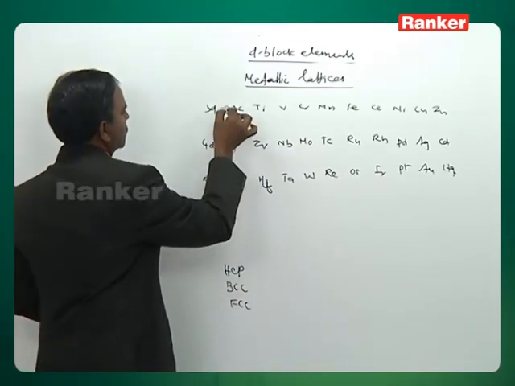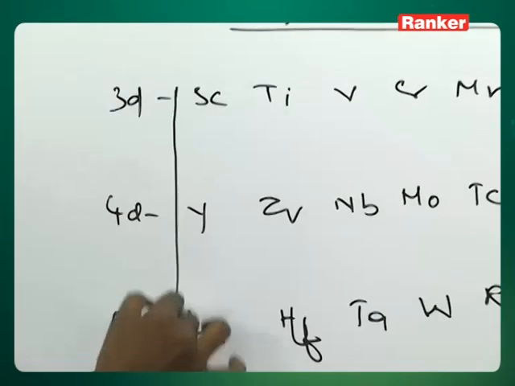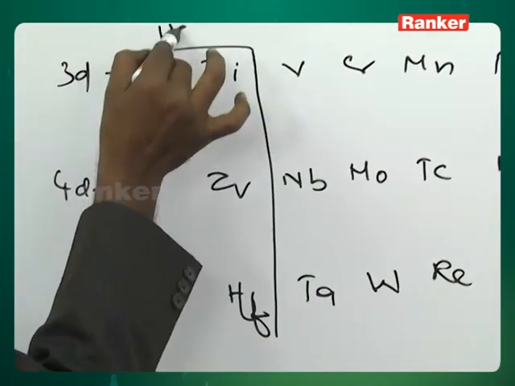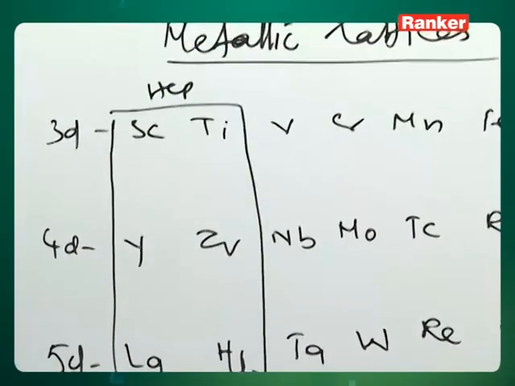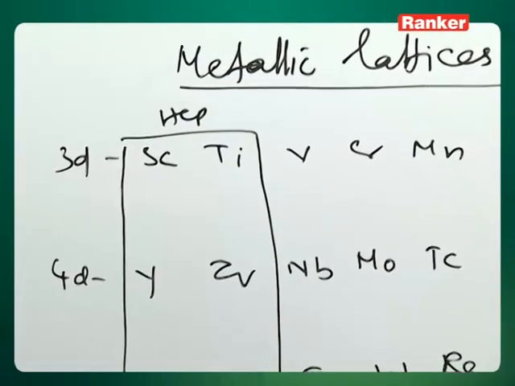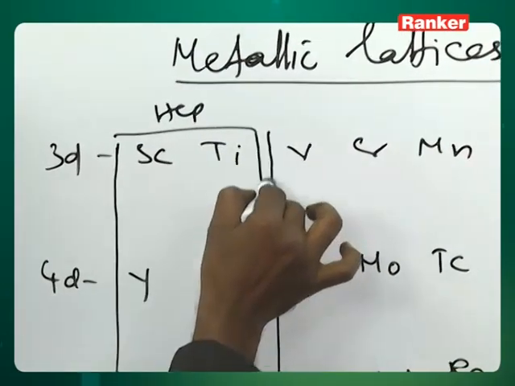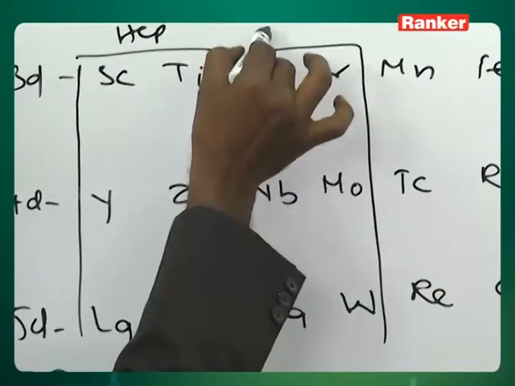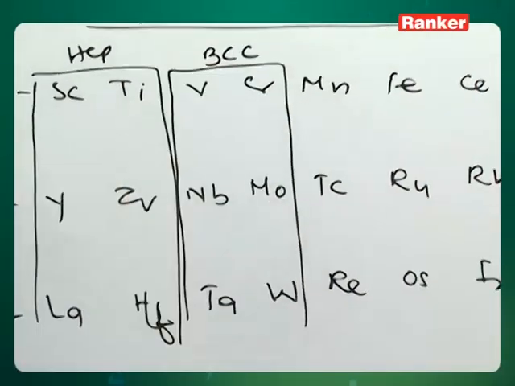Now the first two vertical columns have the HCP metallic lattice. The second two vertical columns have the BCC metallic lattice.